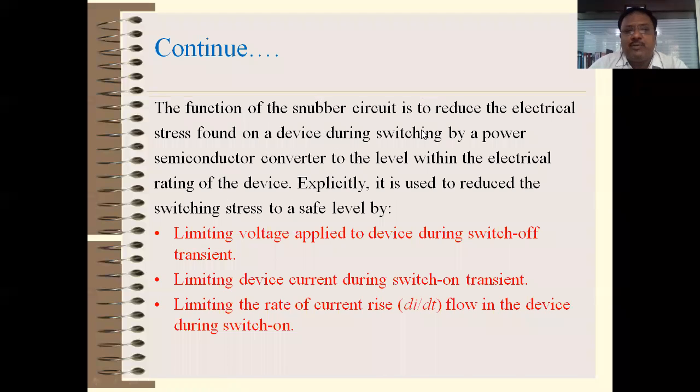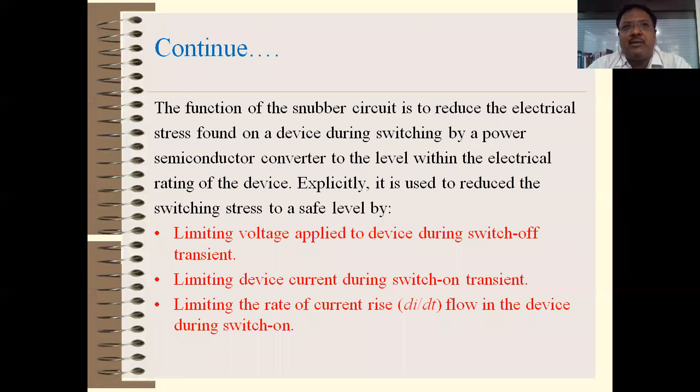The function of a snubber circuit is to reduce the electrical stress found on a device during switching by a power semiconductor converter to a level within the electrical rating of the device. Okay, what is the meaning of this? Exactly what happens if you are using your device normally for a voltage rating of 230 volt or maybe 300 volt, right?